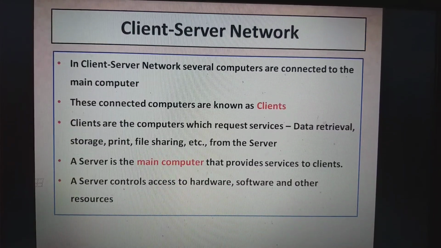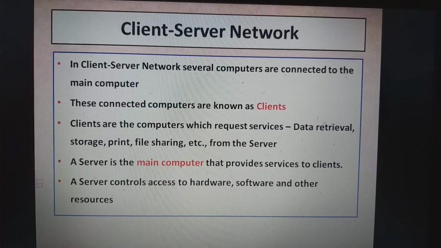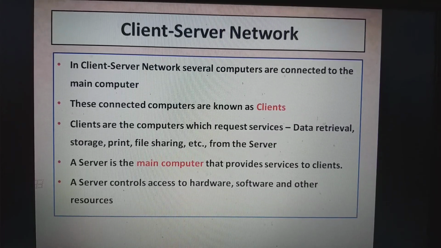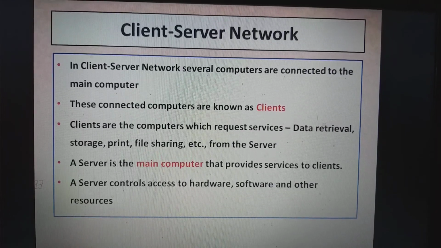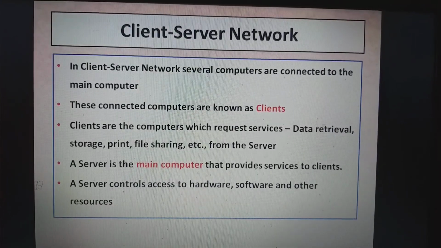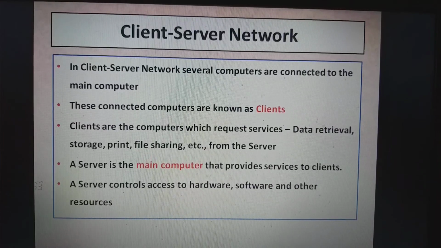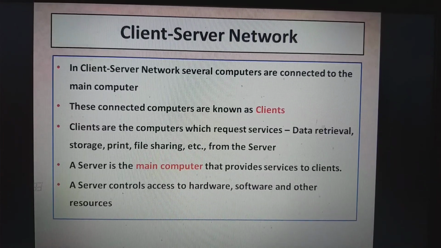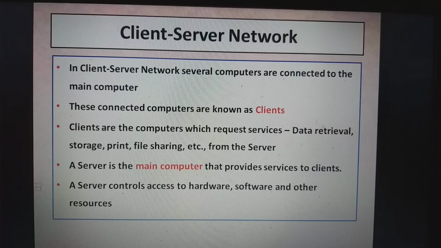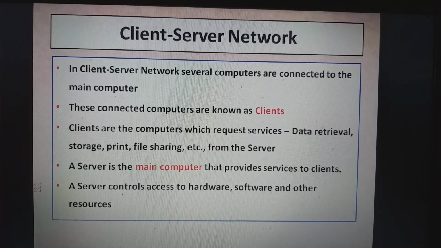Now we will discuss client-server network. In client-server network, several computers are connected to the main computer. These connected computers are known as clients. Clients are the computers which request services like data retrieval, storage, print, file sharing, etc. from the server.